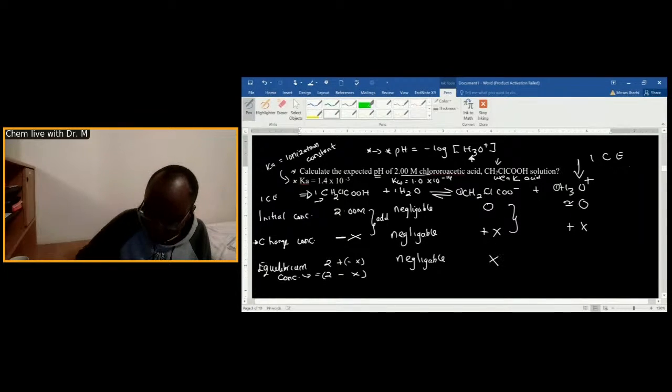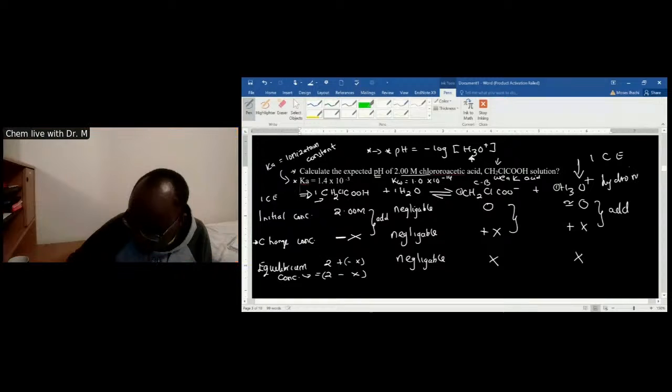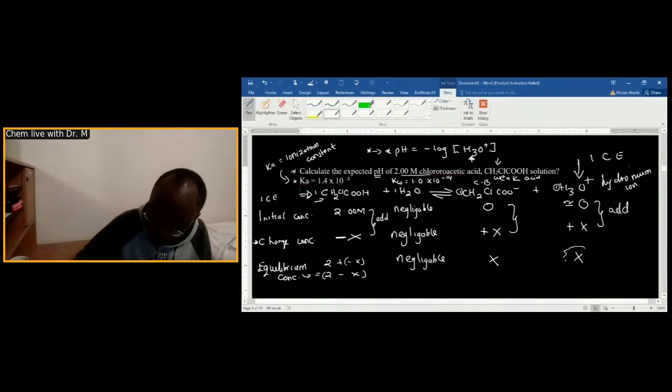The concentration of the conjugate base, chloroacetate, will be X. The concentration of H3O+, the hydronium, will be X. Okay, in chemistry we call this hydronium. That's the hydronium ion. So we need to find this X, so we'll plug it in here before we can find the pH which is asked.